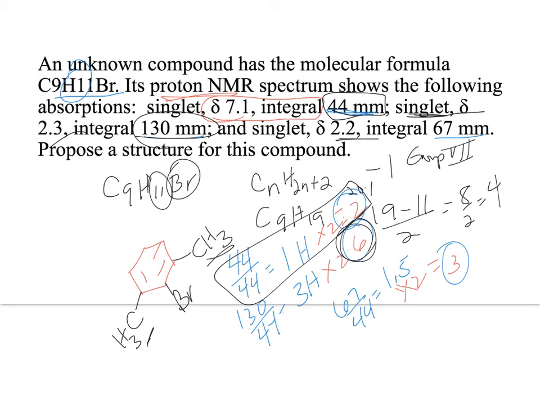And then you also have 2.2. So just go ahead and put another one on there. And that would be different because it's slightly shifted. And then that would give you this proton here and this proton here. And that should work out. 6, 7, 8, 9, 3, 6, 9, 10, 11, and 1 bromine.